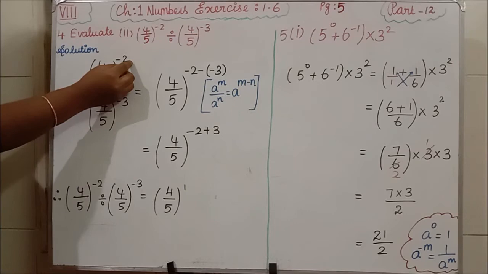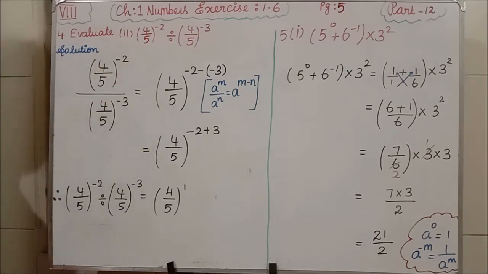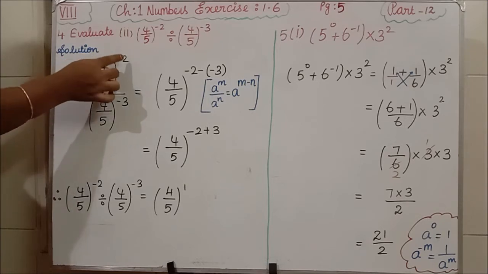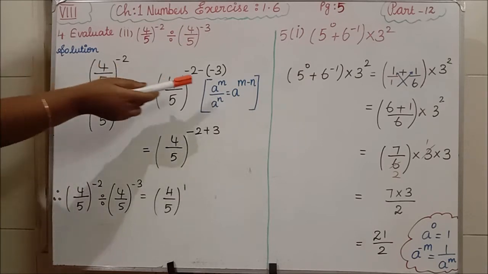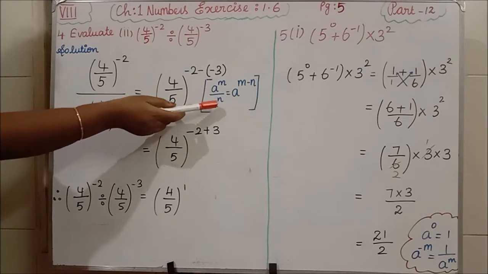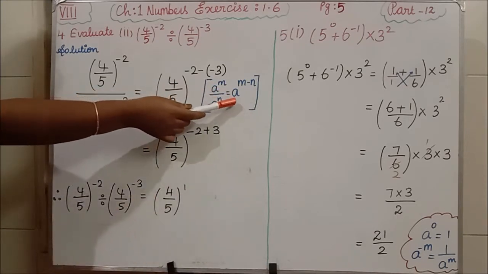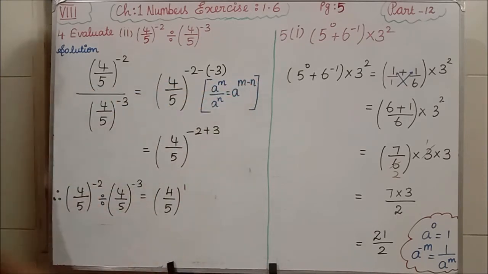Here the power is minus 2, here the power is minus 3. Okay, so the base is the same but the power differs. So what law will come? It will come quotient law. Quotient law means what? A power m divided by a power n is equal to a power m minus n. We can write, isn't it?